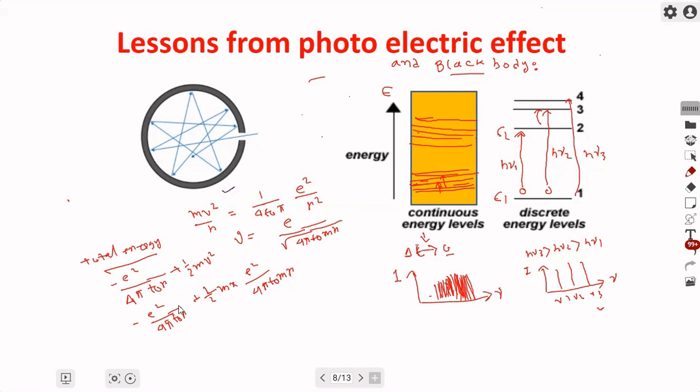So that means the total energy is minus e square by 8 pi epsilon 0 r.